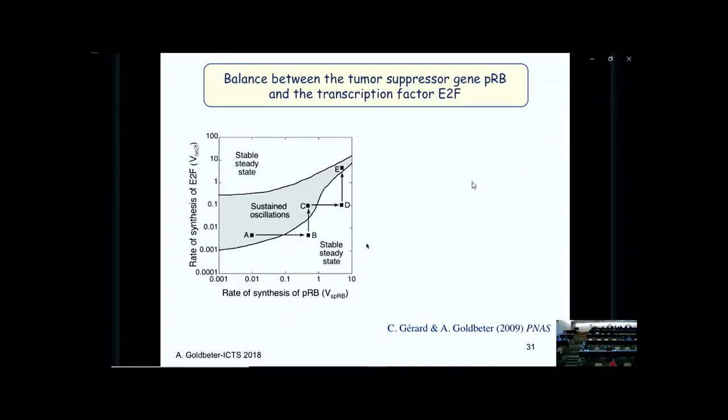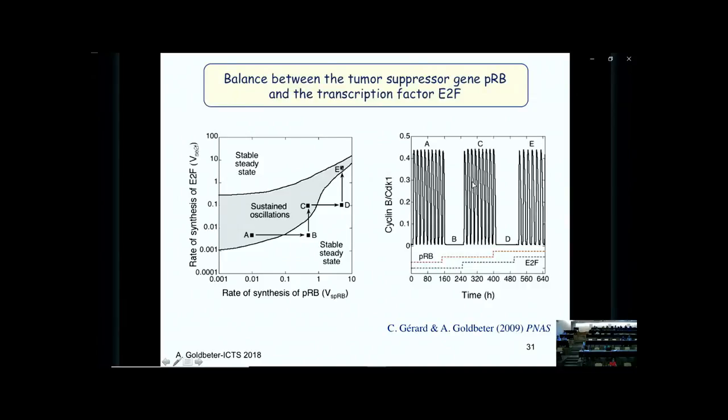And so the computer experiment consisted of going from A to B by increasing the rate of synthesis of PRB. Then you should go to a stable steady state. Increasing the rate of synthesis of E2F should bring back the oscillations. Going to D should bring a stable steady state, and back again to oscillations if we further increase E2F. And this exactly is, of course, what was done here.